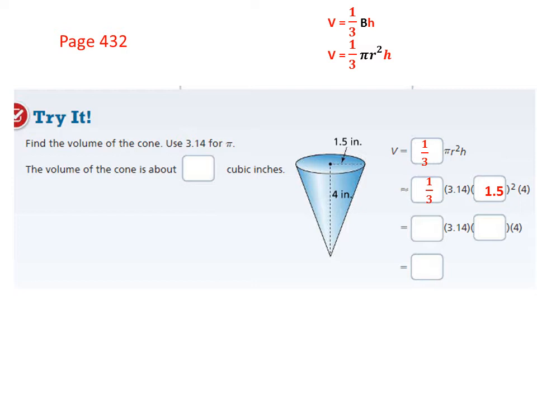The first step, what's 1.5 squared? You can do it mentally. Yes, it's 2.25. So 1/3 times 3.14 times 2.25 times 4. Now simplify or multiply to find the value of this expression. You can use your calculator.